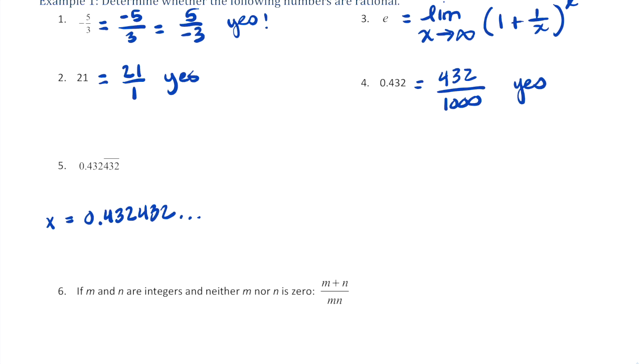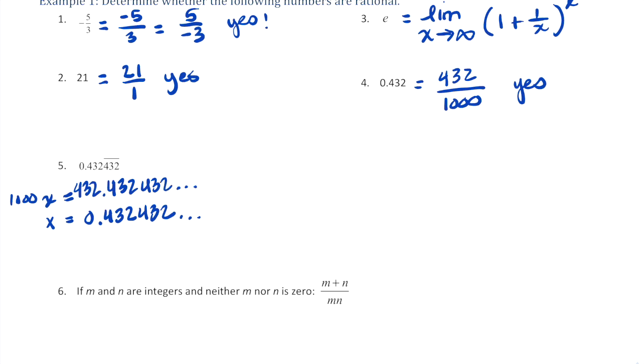And then how would I get rid of one of the repeating parts? Not rid of it exactly, but how many digits are repeating? Very good. 3 digits are repeating. So if I multiplied x by 1,000, wouldn't I then get 432.432, because it keeps repeating, right?